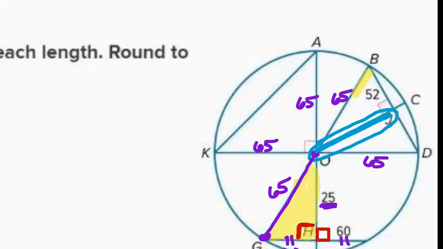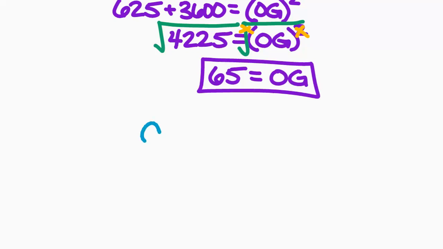Well, what is this right here? It's another right triangle. What could I use to find the length from O to J? Pythagorean theorem again. So a squared plus b squared equals c squared. What should I put in for c?